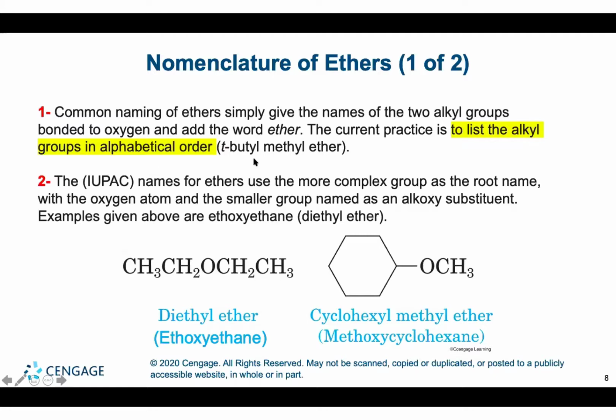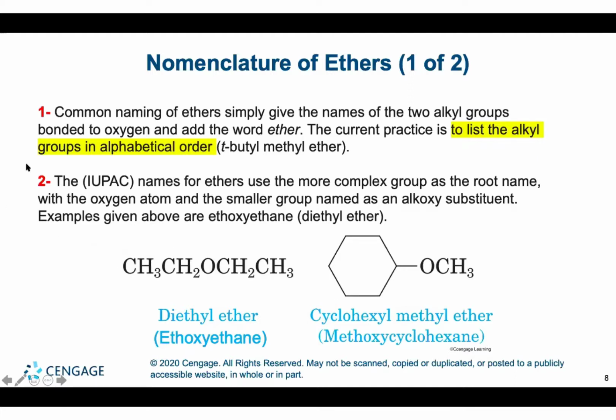For example, tert-butyl methyl ether. Well, you know that for alphabetical order, B is going to be considered, not T. And here, M in the methyl group.